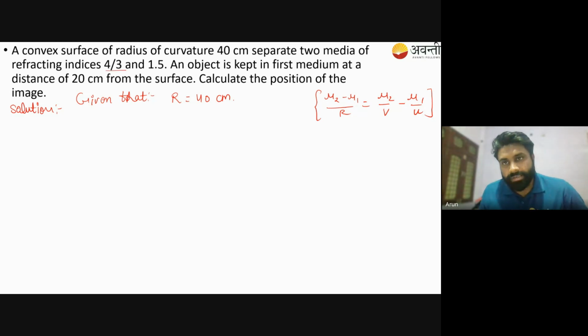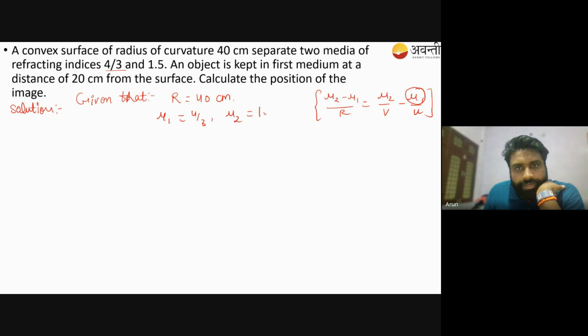Means here mu1 is 4/3, where the object is placed, from where the ray is coming, and mu2 is 1.5. What is the value of u? The object is kept in the first medium at a distance of 20 centimeter, so u here is minus 20 centimeter.